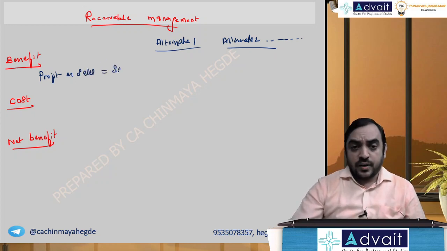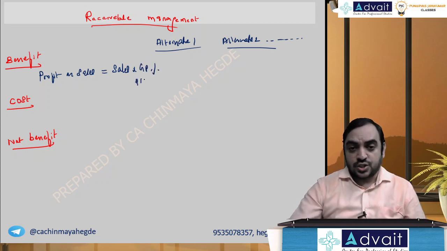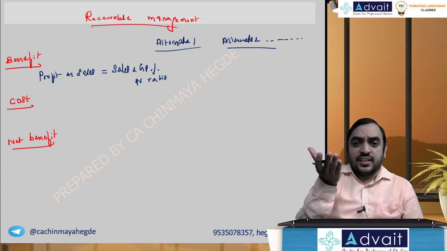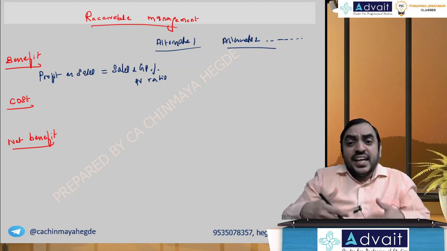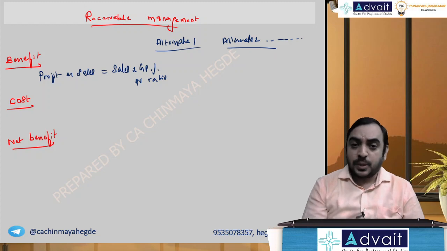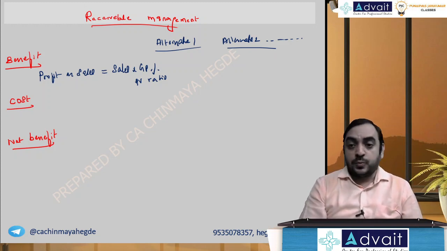I'm going to do sales multiplied by GP percentage or contribution, or I'll say PV ratio, sales minus variable cost. Because when sales increase, variable cost also increases. Effectively, my gross profit increases, my contribution increases. Sometimes they'll use the word GP ratio, sometimes PV ratio, profit volume ratio. So sales into PV ratio, I'll get it.